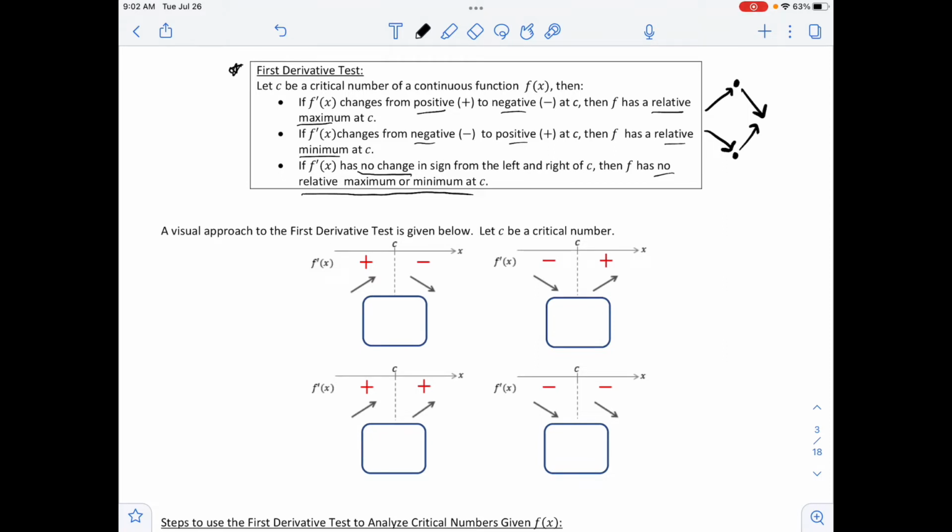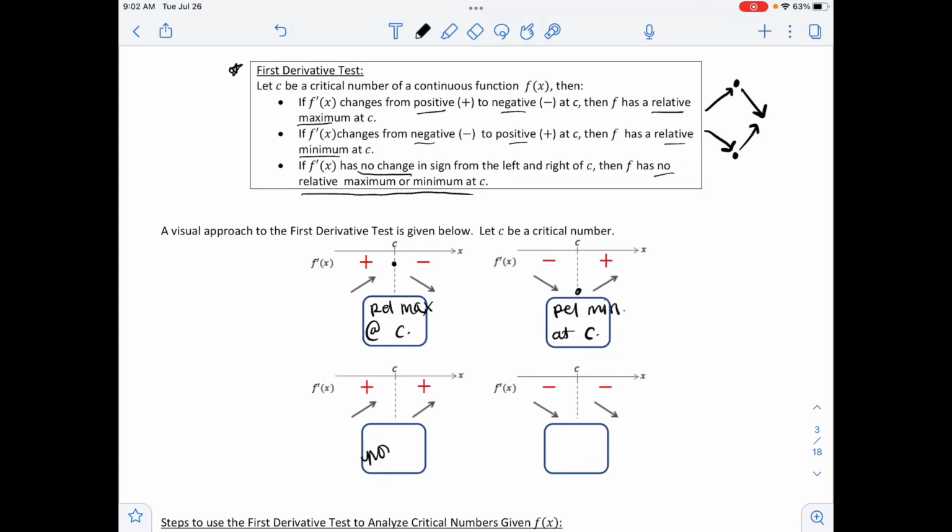A visual approach to the first derivative test is given below. Let C be a critical number. And so for the first one that we have right here, if it goes from increasing to decreasing, that's going to be a maximum. And so this would be a relative max at C. The next one goes from decreasing to increasing, and so we'd have a relative min at C. And then the next two down below go from positive to positive, or increasing to increasing.